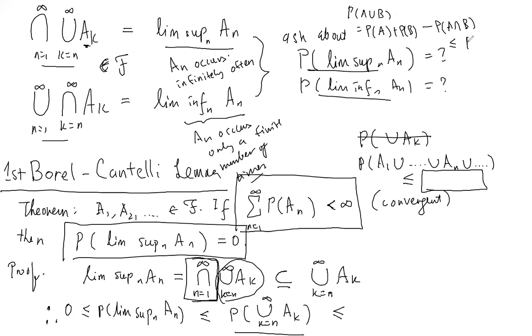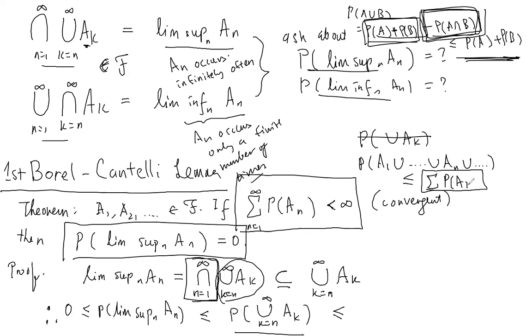Basically it's just bounded by the sum of these two, because P of A union B subtracts a certain amount away, so it cannot be greater than or equal to the two sums here. So by induction, this is bounded by the sum of P of Ak.